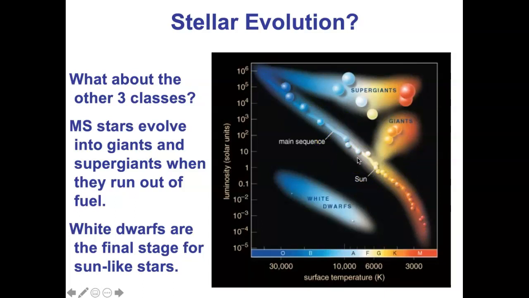When they reach the end of their lives, when they start running out of hydrogen fuel, then they start transforming and turning into giants, supergiants, and white dwarfs. So that's why only 10% of the stars are those 3 types, because stars only live as those 3 types the last 10% of their lifetimes.